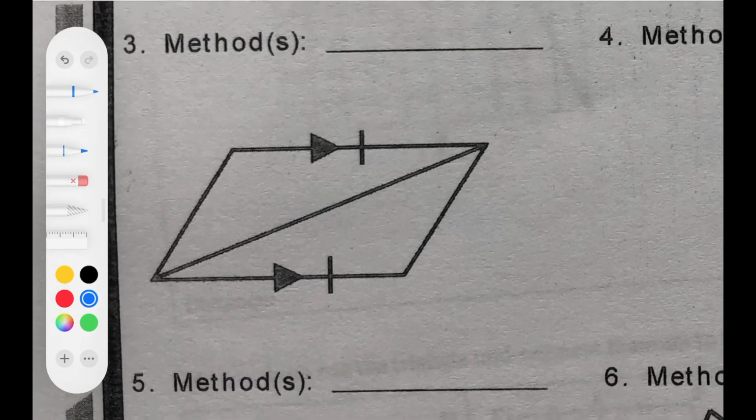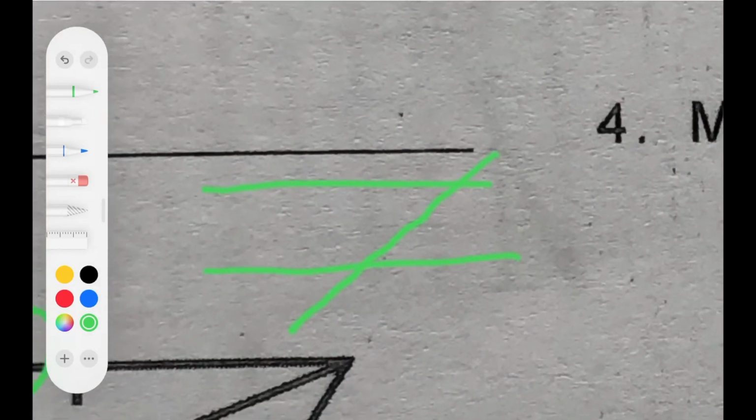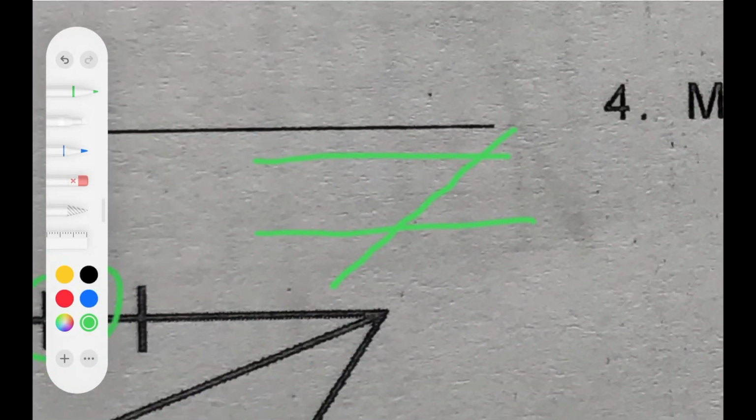For number 3, so this one is a little bit more tricky. I want you to just look at the fact that you have two lines that are parallel, and you're told that they're parallel because of these two arrows, and you have a line going through them. Well, from our lesson 1 in this unit, if I wanted to look at this angle and this angle, would they be congruent, supplementary?